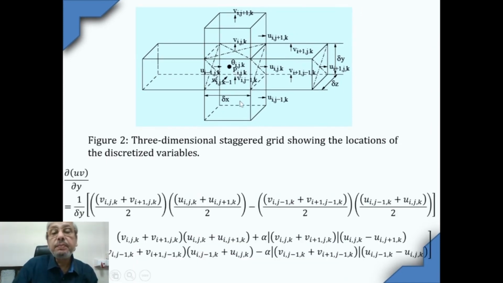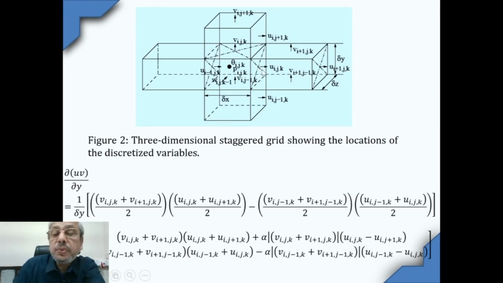Then we have gone for the second term, del del y of uv. Now see, when we find out del del y of uv, we have already mentioned how to do that. Here also we will apply central difference, but this del del y of uv has to be defined where uijk has been defined.